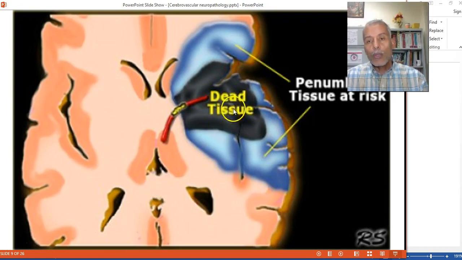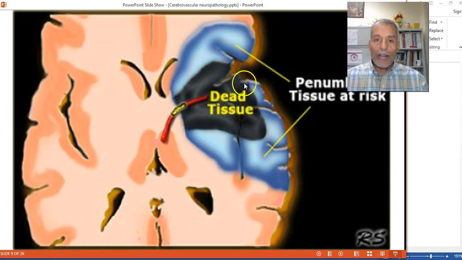So here you could see, in terms of the ischemic stroke, the blockage because of atherosclerosis, and then you have a center where there's an infarction, dead tissue, surrounded by the area called the umbra, and the area around it is called the penumbra, or the area surrounding the infarction.